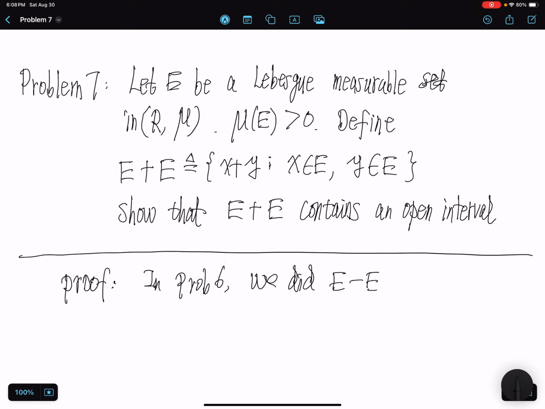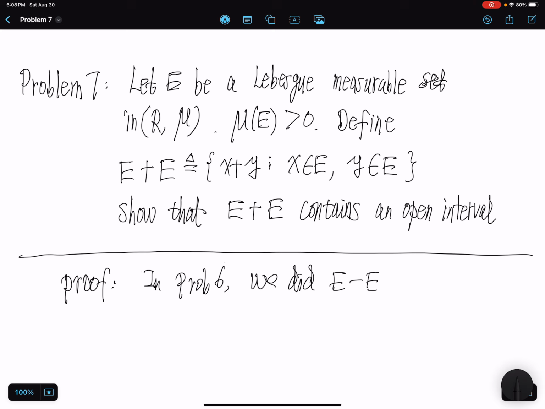But in this case, we don't know what the open interval is. We want to find the endpoints of this. So again, we'll be using the lemma.